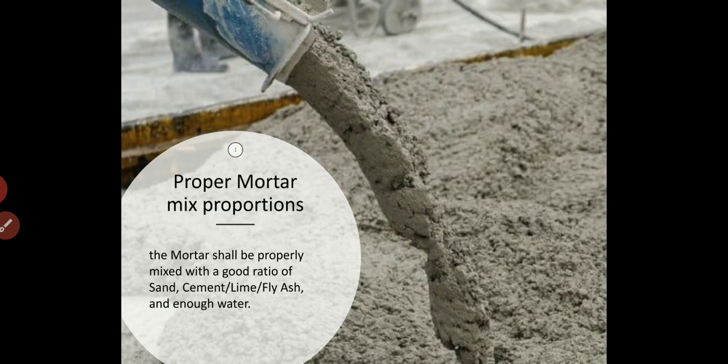You know that for brick masonry, generally a cement mortar of 1:5 ratio would be used. The water-cement or lime or fly ash ratio shall be 0.50. If enough water is not used for the mix preparation, the mortar becomes crumbly after the brickwork. So there should be the proper mortar mix proportion.